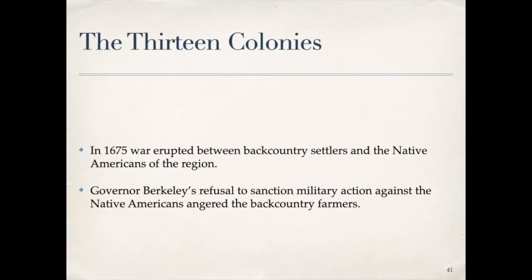In 1675, war erupted between backcountry settlers and the Native Americans of the region. Governor Berkeley's refusal to sanction military action against the Native Americans angered the backcountry farmers.